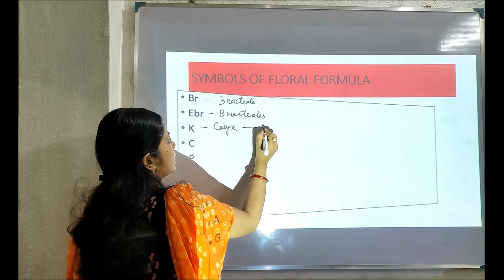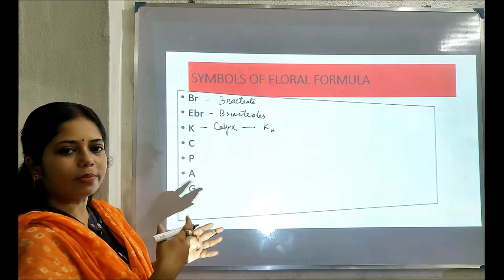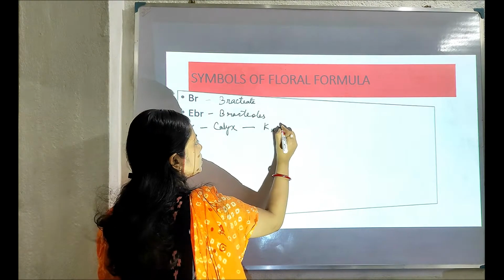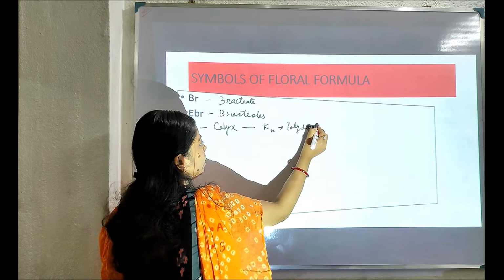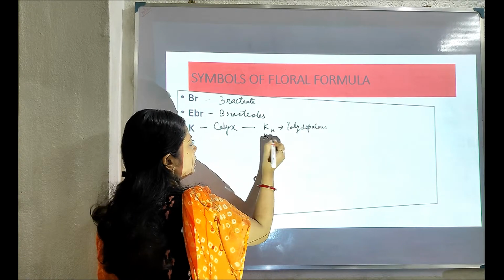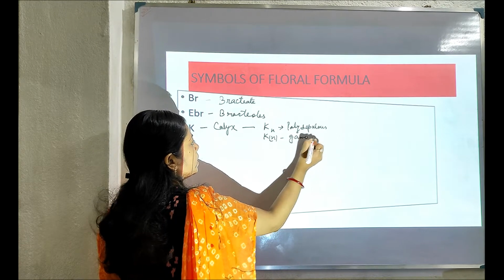If N is the number of sepals, then it is a polysepalous flower. That means sepals are not joined to each other. If it is given like this, then it is a gamosepalous flower.